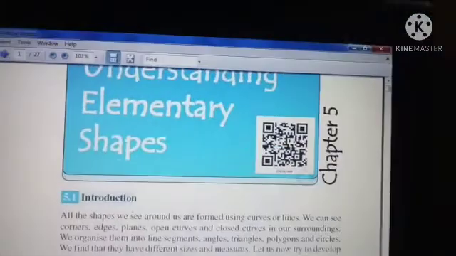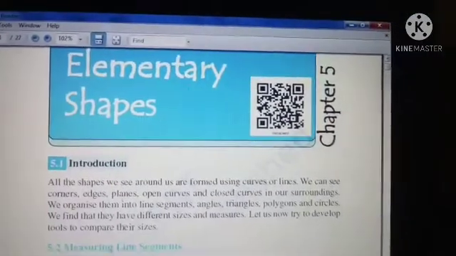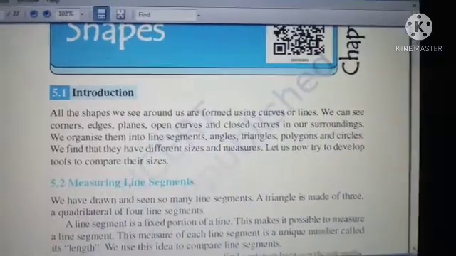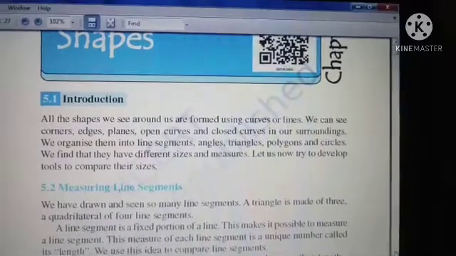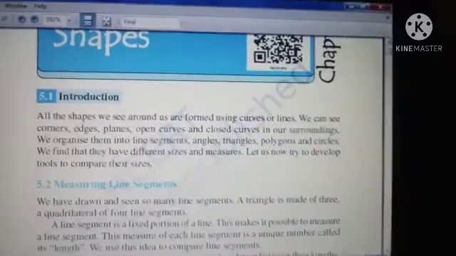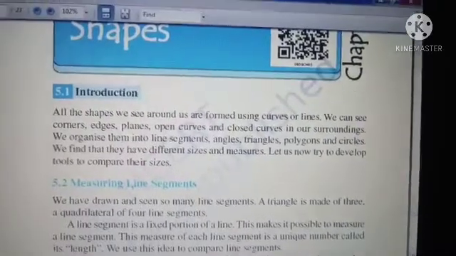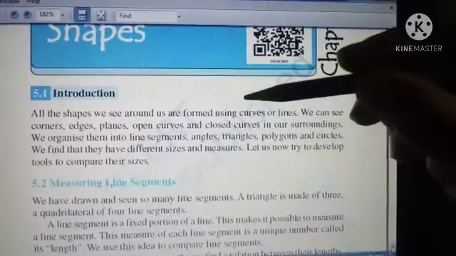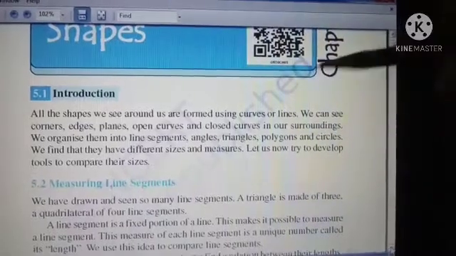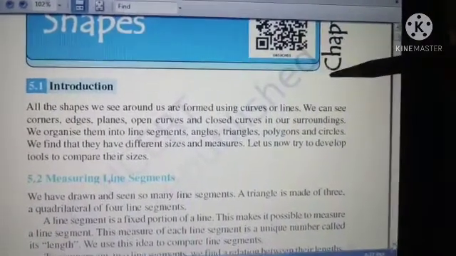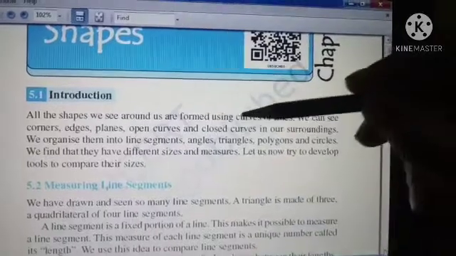Now first, what they have given in the introduction: all the shapes we see around us are formed using curves or lines. You know what is meant by a curve? When you're drawing a line or one shape where you have a starting point and an ending point, that is called a curve.